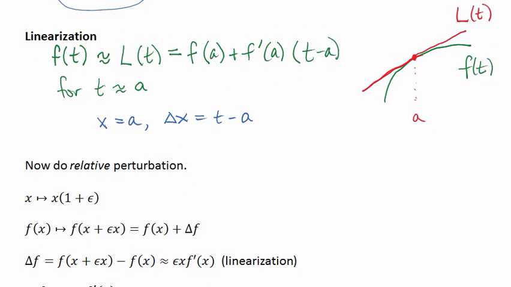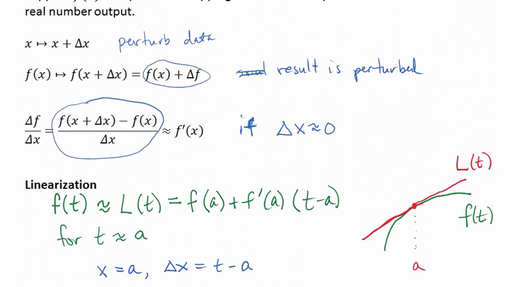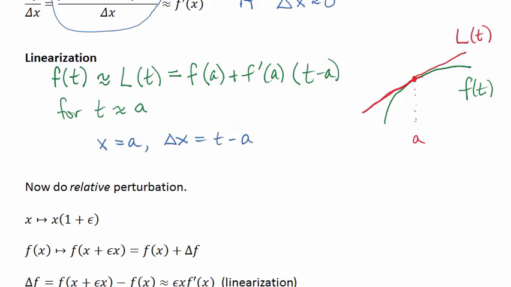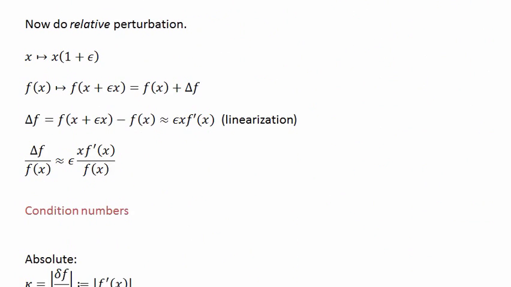But with all of this, I've done an absolute perturbation. So I took x and I just added delta x to it. In floating point arithmetic, we do relative perturbations. So remember, the floating point value of x, for example, is x times 1 plus epsilon.